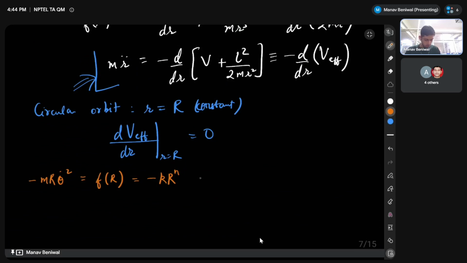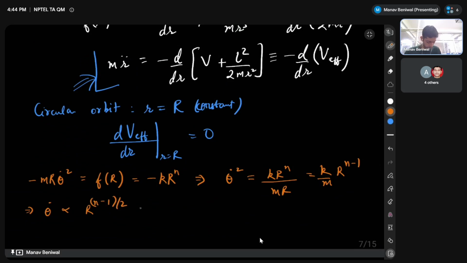So this implies that my theta dot squared, which is omega squared, is proportional to k r^n over m r, so I can write it as k over m times r to the power n minus 1. So theta dot squared is proportional to r to the power n minus 1, which implies that theta dot is proportional to r to the power (n minus 1) by 2.